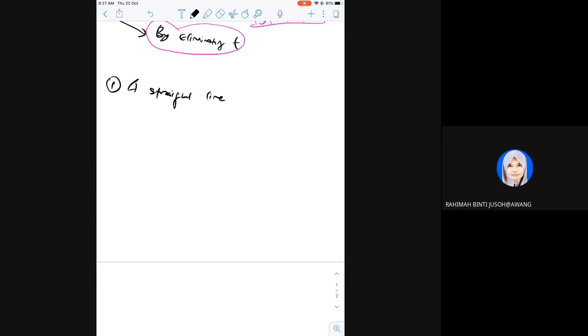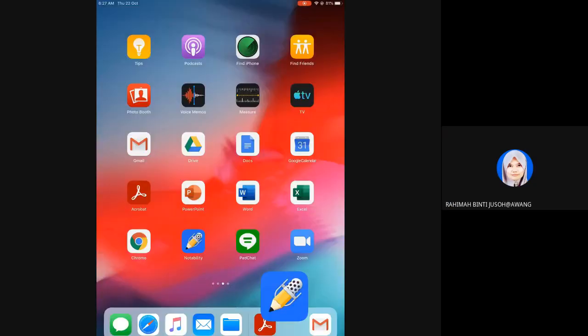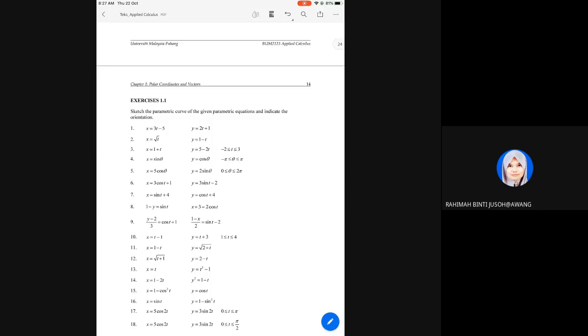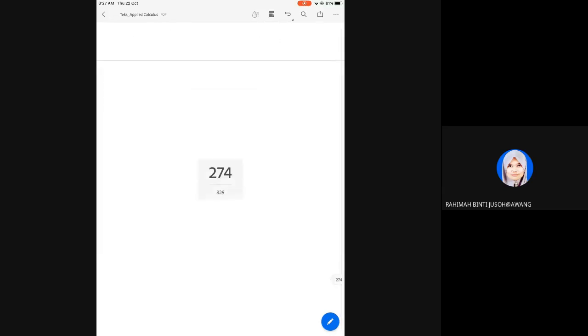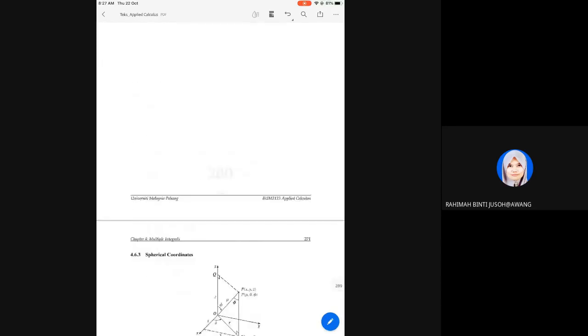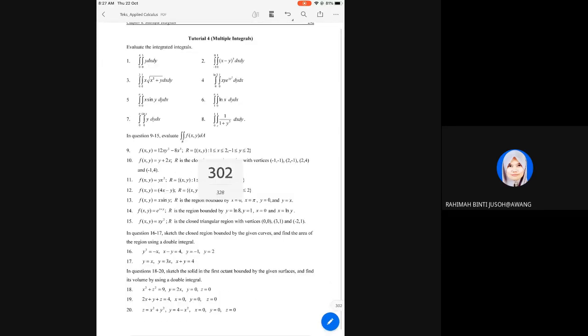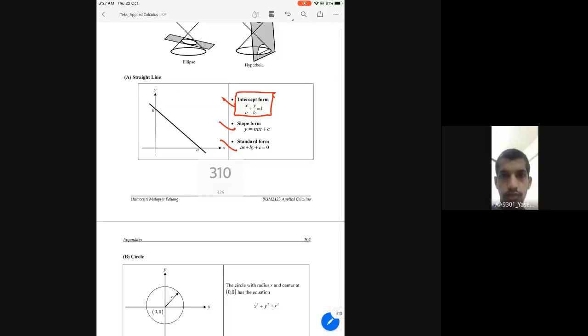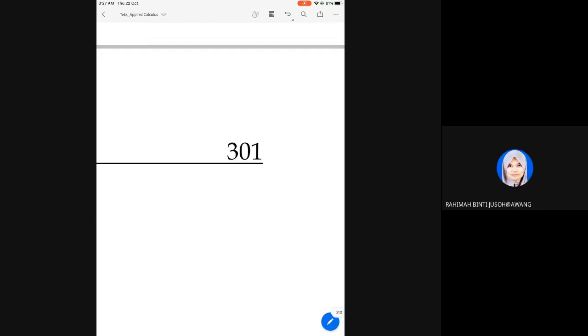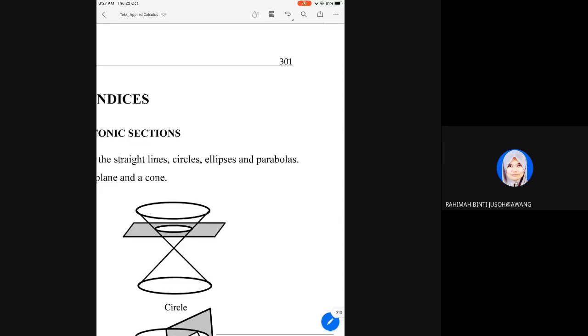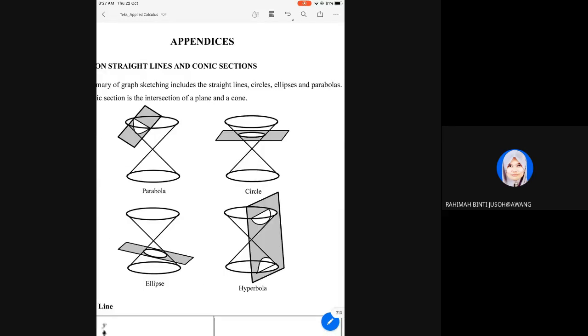If you look at your module, if you already bought one, turn to page 301, the appendix part.